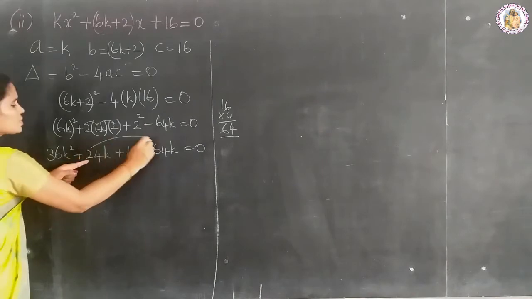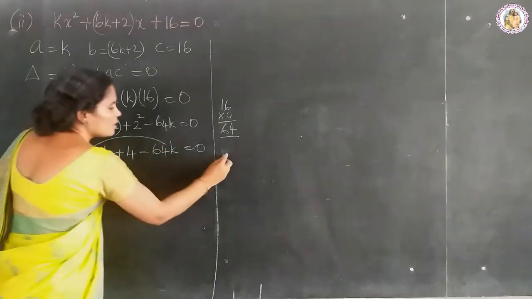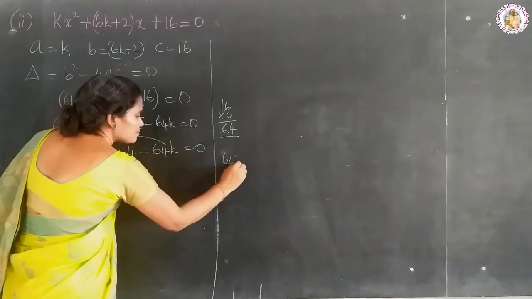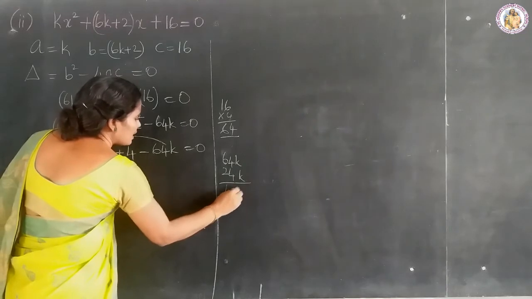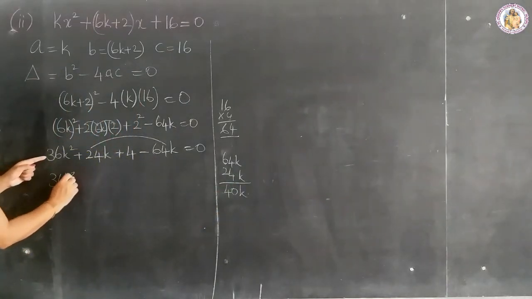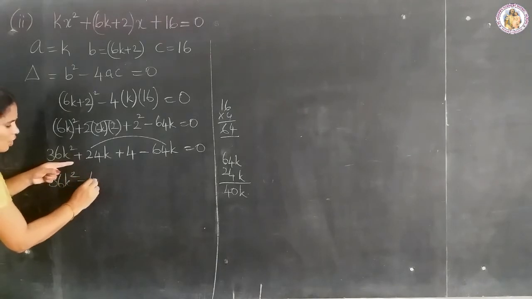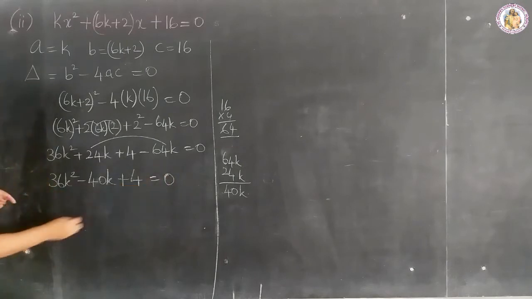Now take the like terms, 64k and plus 24k. If you subtract you get 40k. So 36k square minus 40k plus 4 is equal to 0.